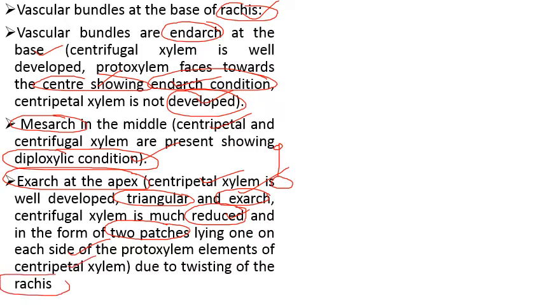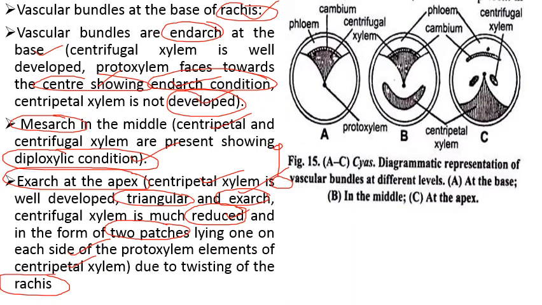Rachis. So this is a diagram which shows, first one, the base where the centrifugal xylem is well developed. Here the centrifugal xylem is well developed, while in the middle portion, diagram B shows the middle portion. Here both centripetal xylem and centrifugal xylem are well developed.